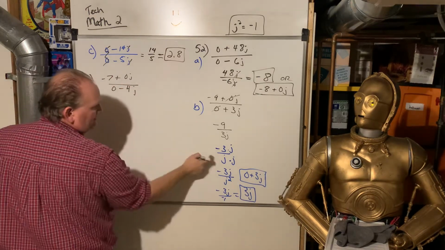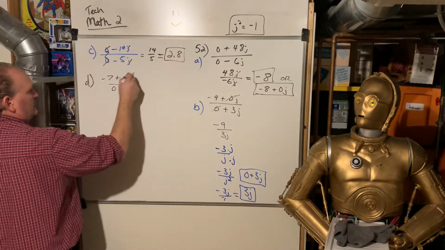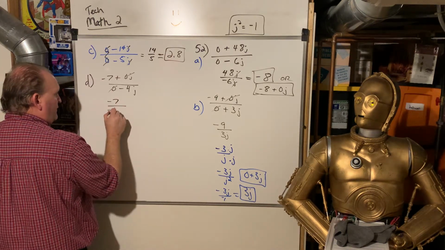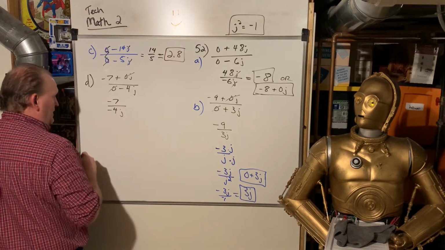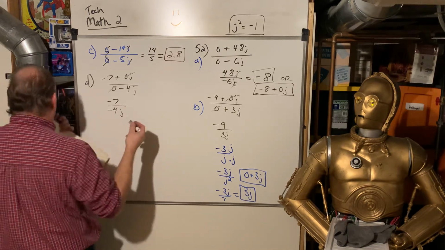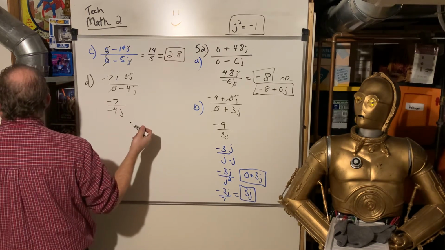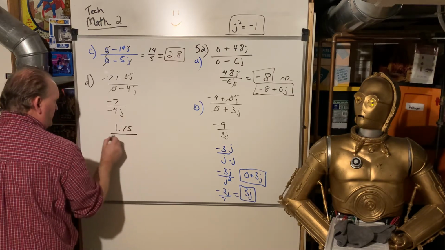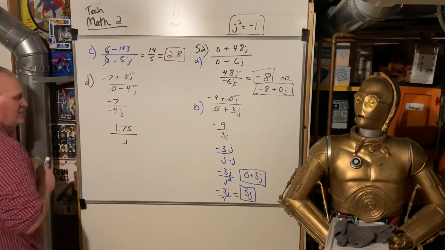And then D is negative 7 plus 0j over 0 minus 4j. So again, this is very much like the last one. So that's not there, and you get negative 7 over negative 4j. The negative over a negative is a positive, and you can actually divide it to 1.75. So you get 1.75 over j, but you cannot leave that j on the bottom.